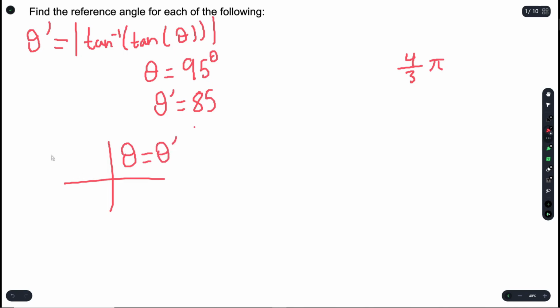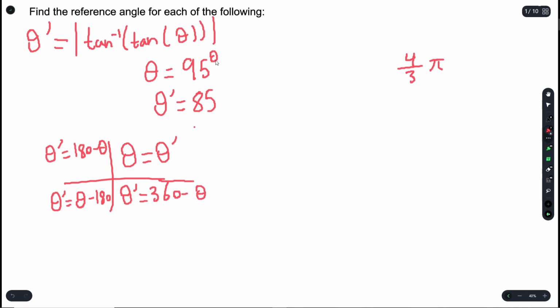For the second one, the reference angle is equal to 180 minus the angle. Then for the third one, the reference angle is equal to the angle minus 180. And for the last one, the reference angle is equal to 360 minus the angle.